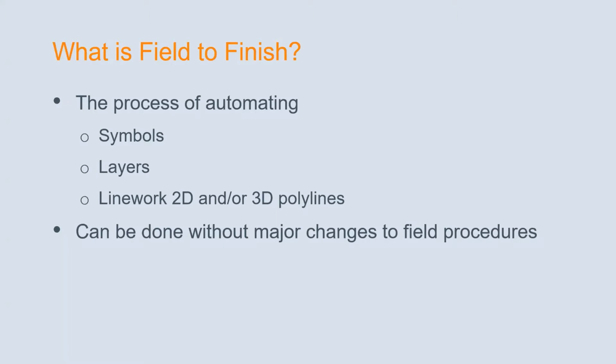Now, there's lots of other advanced features that field to finish will do as well. Things like resizing tree symbols based on parameters that you may have collected in the field.